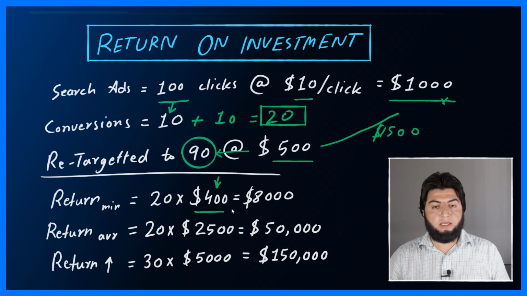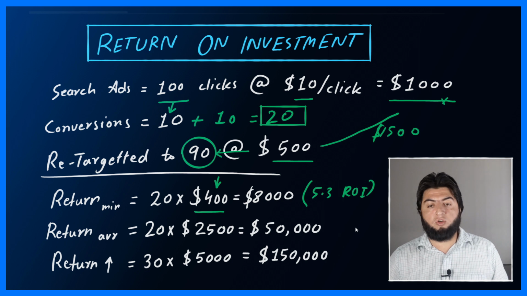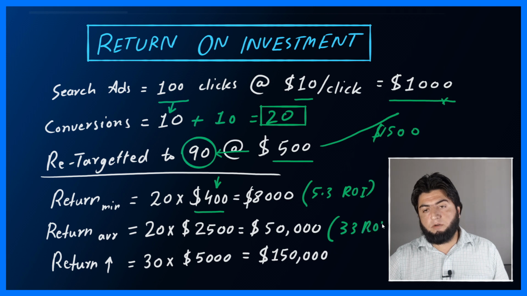Now if the client only gets one minimum service and you have 20 of those, then you got $8,000 in return. Now if you divide the 8,000 by 1,500, then that's a 5.3 return on investment. Similarly, if those clients pay you $2,500 each, then your total return is $50,000, and that comes to 33 times return on investment.